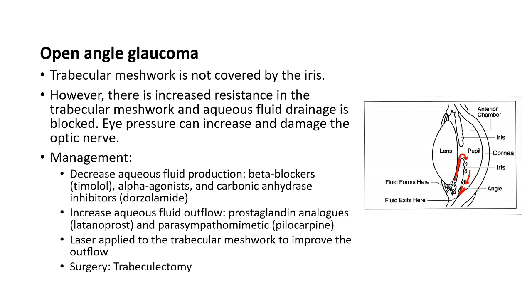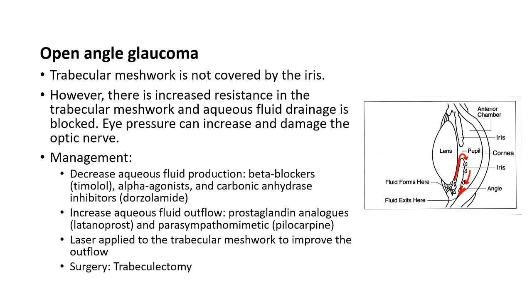Examples of medical treatment include those that decrease the aqueous fluid production, such as beta blockers, alpha agonists, and carbonic anhydrase inhibitors, and those that improve the outflow, such as prostaglandin analogs and the parasympathomimetic pilocarpine. Laser treatment applied at the trabecular meshwork may improve the aqueous outflow.